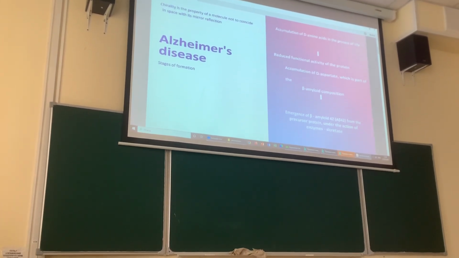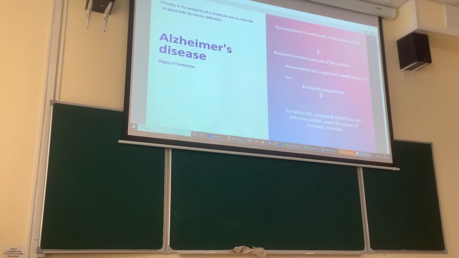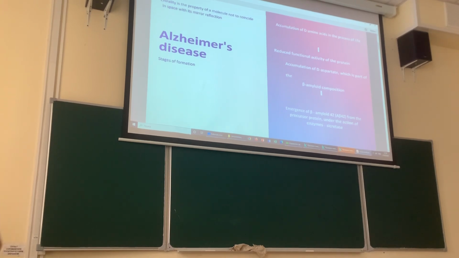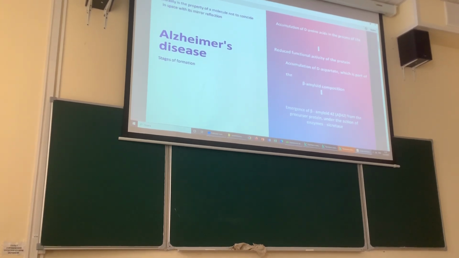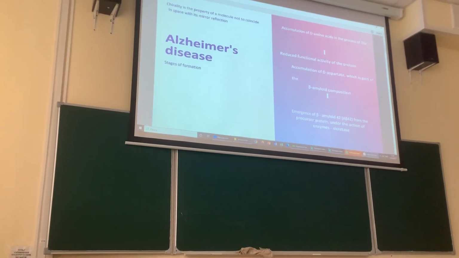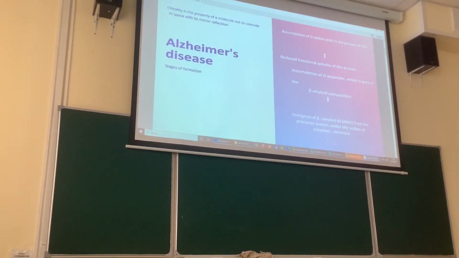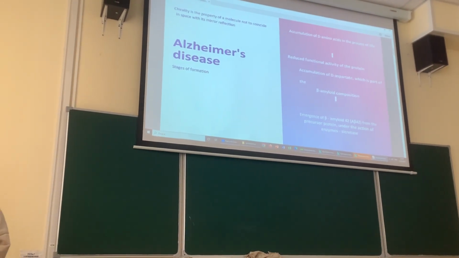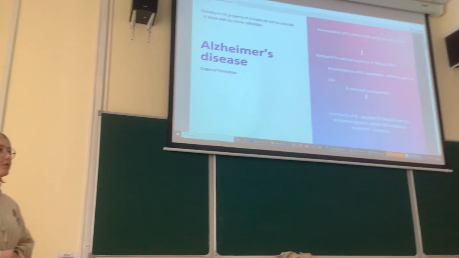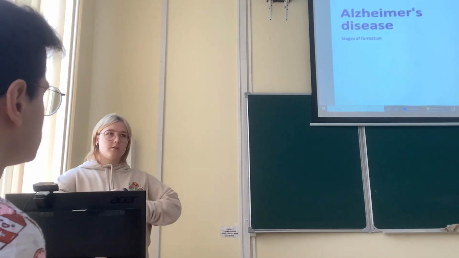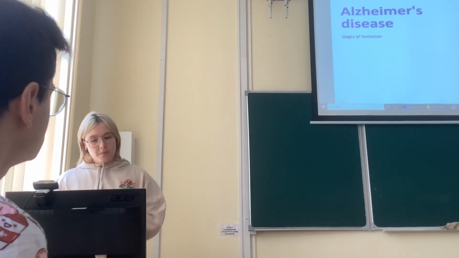First of all, there's accumulation of D amino acids through the life cycle of an animal or human, and it can also be caused by the radiation of the sun and something like this. These D amino acids reduce the functional activity of proteins by damaging their fourth and third structure, so they cannot work properly in the organism.